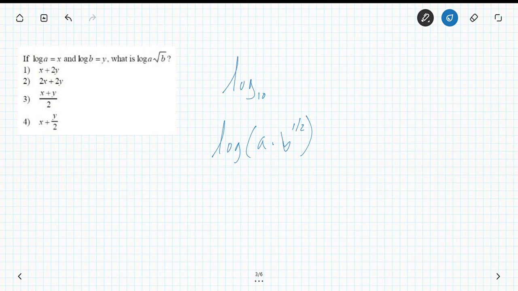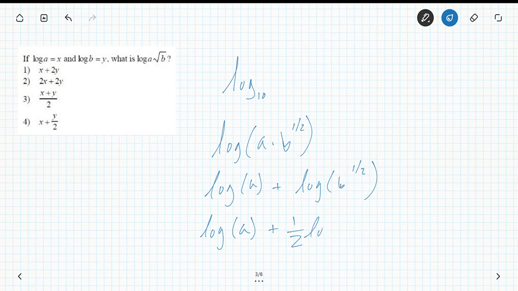Okay, we can express this as a sum. So we will write this as the log of a plus the log of b to the 1/2. And since you have an exponent, you can write it in the front. So you're going to have the log of a plus 1/2 the log of b.